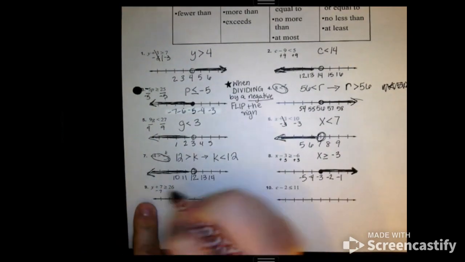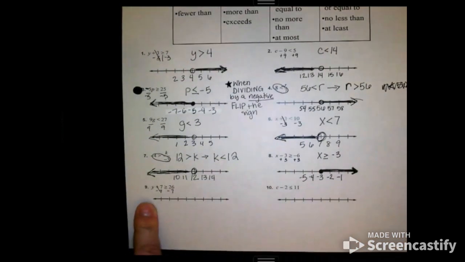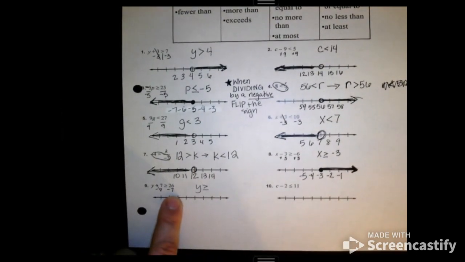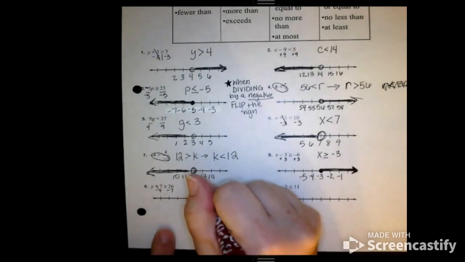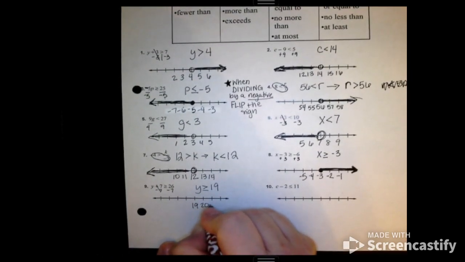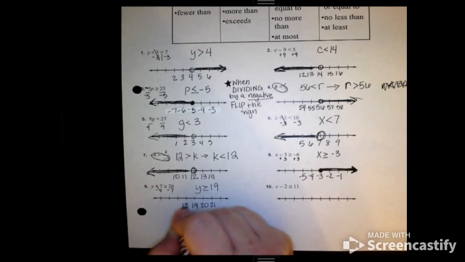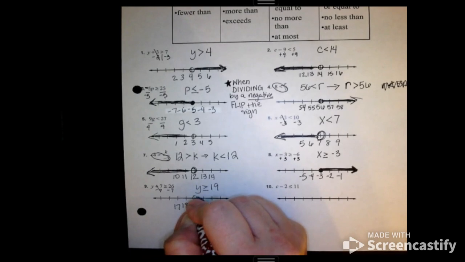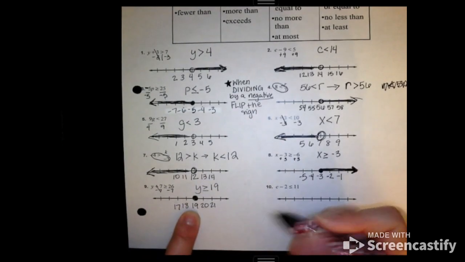All right, so I have -7, -7. So that's y is greater than or equal to what? 19. All right, so I have 19, 20, 21, 18, 17. Okay. Closed circle. It's going right.